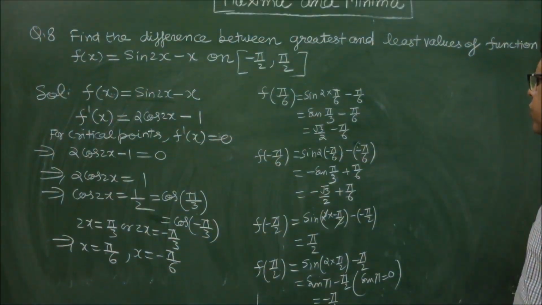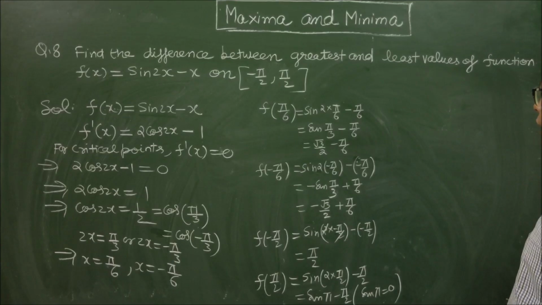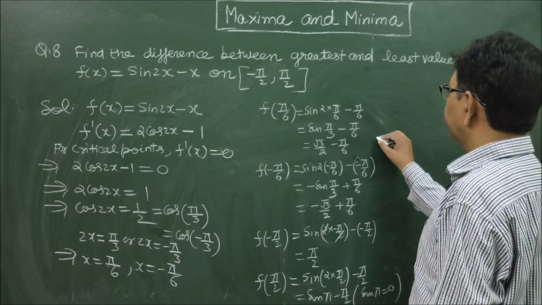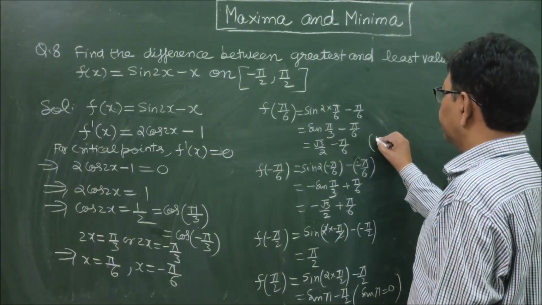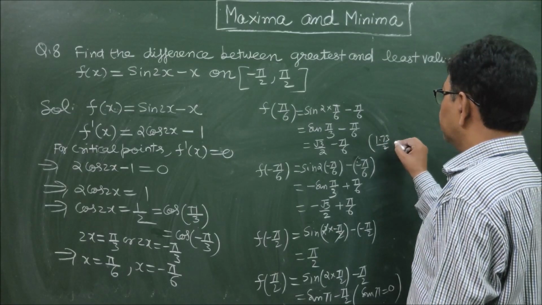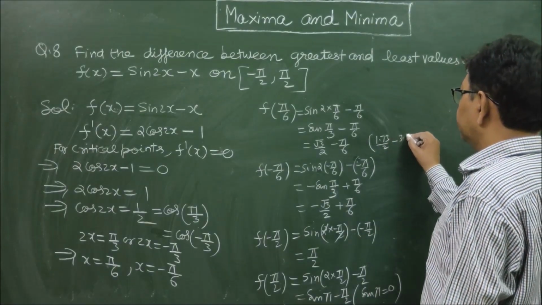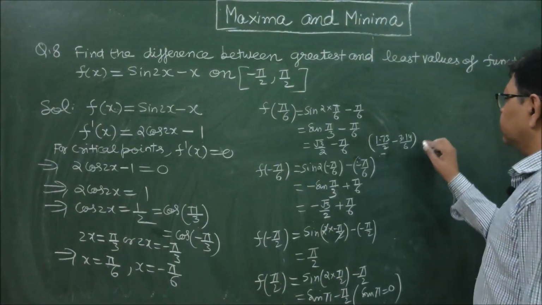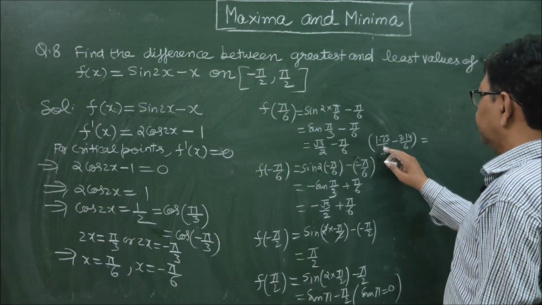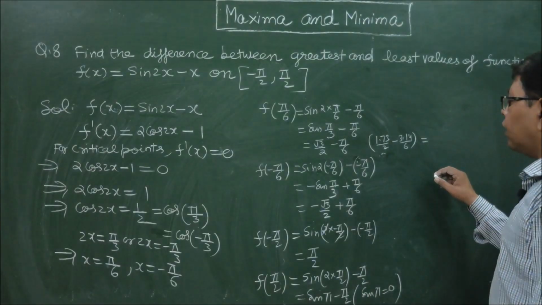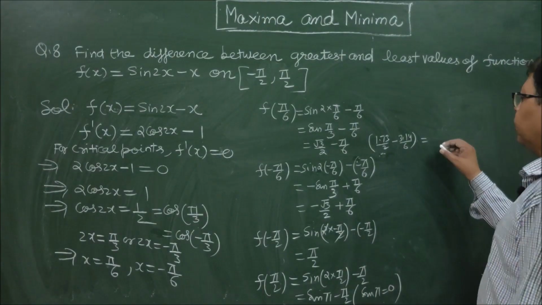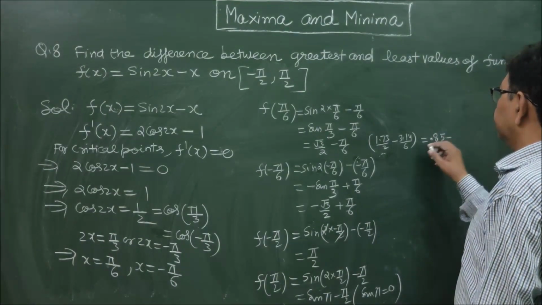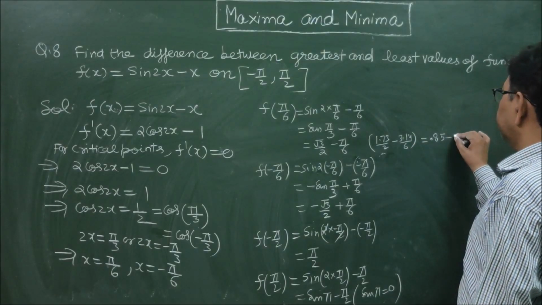Now let us find which is the maximum value and which is the minimum value. Root 3 by 2 minus pi by 6, approximately, root 3 is 1.73, so 1.73 upon 2 is 0.85 something, minus pi is 3.14 upon 6, approximately 0.5.